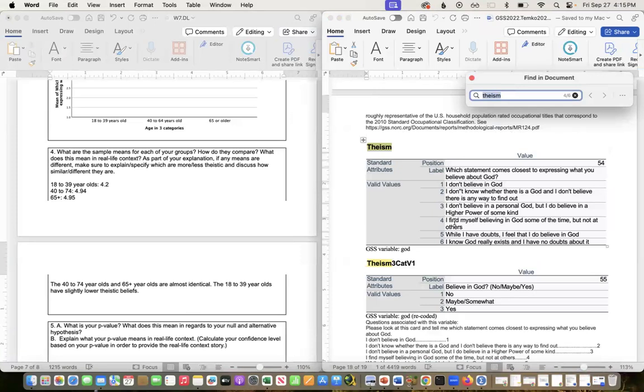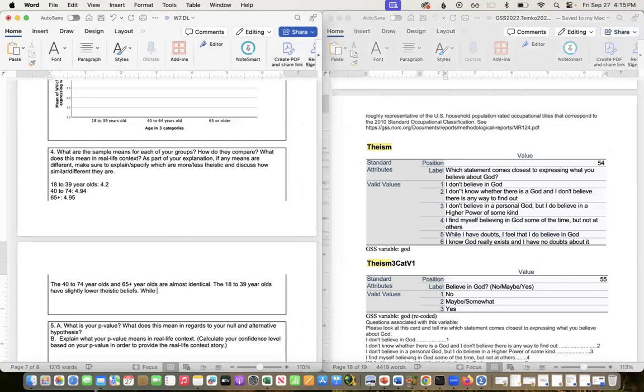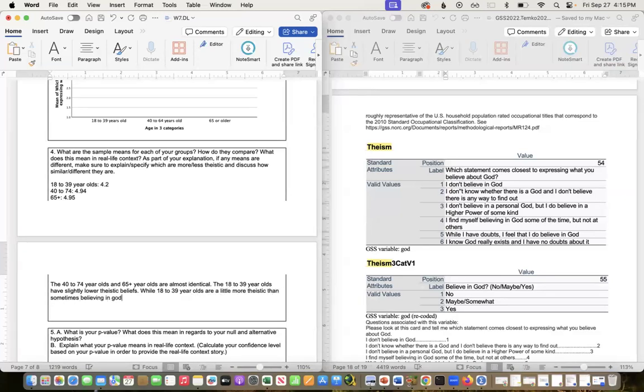So a 4.2 is kind of just above the sometimes, and a 4.94 and 5 are basically almost at believing with doubts. So well, 18 to 39-year-olds are a little more theistic than sometimes believing in God. Their older counterparts are almost at believing with doubts.